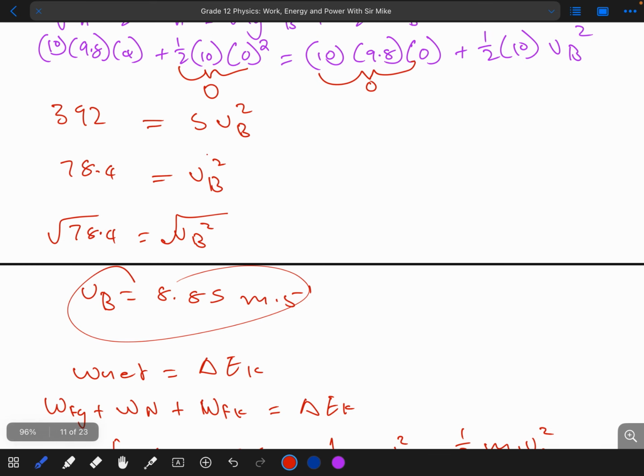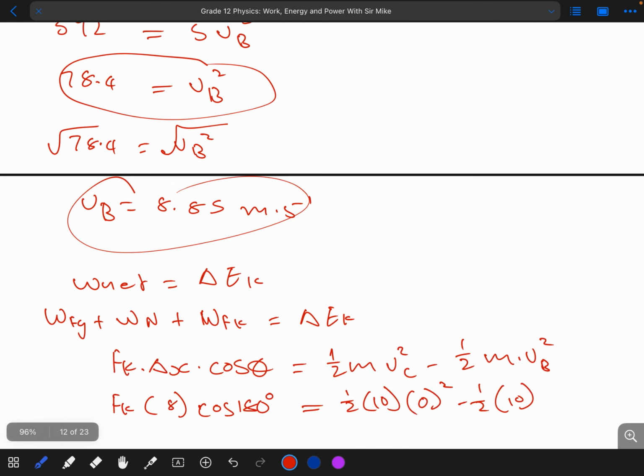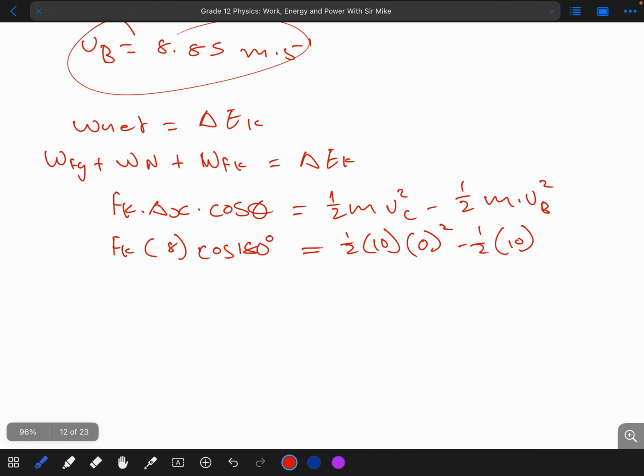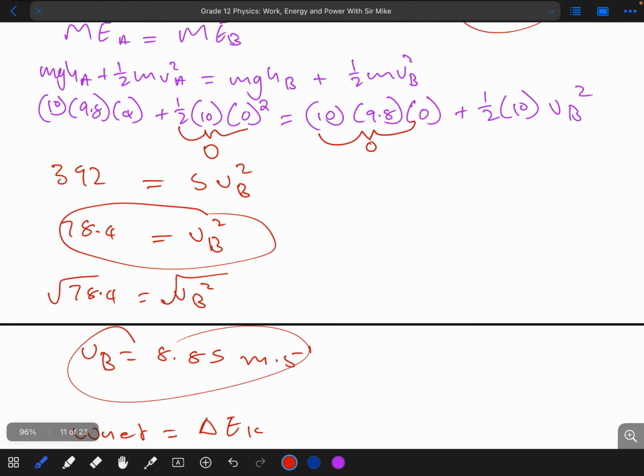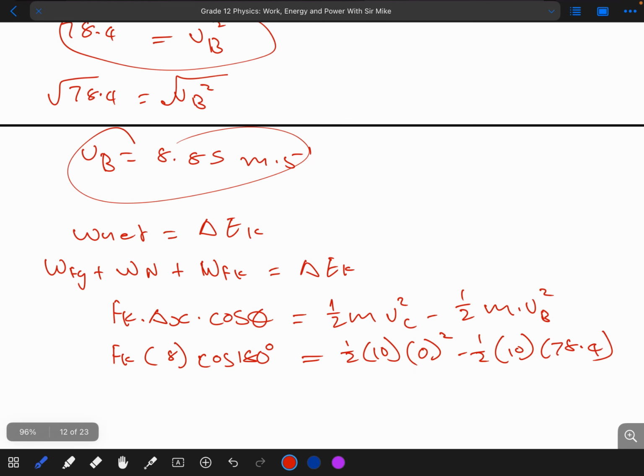Remember that Vb squared is actually 78.4, so I'm going to multiply this by 78.4. Let me use the one which is not rounded, since this is not our final answer.